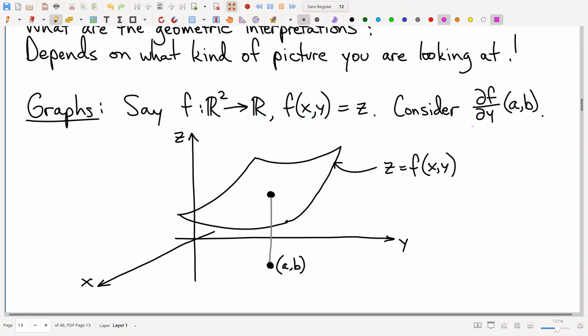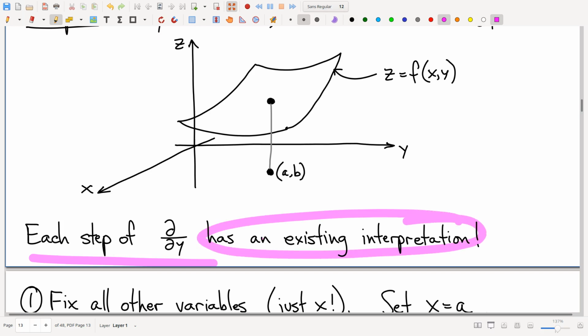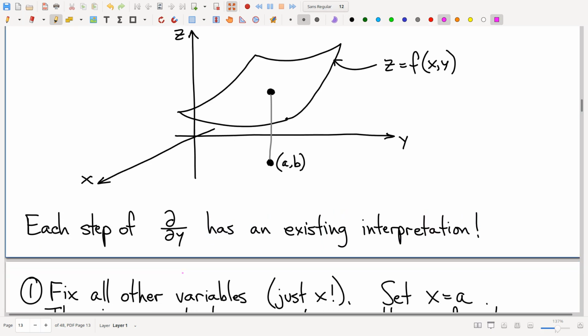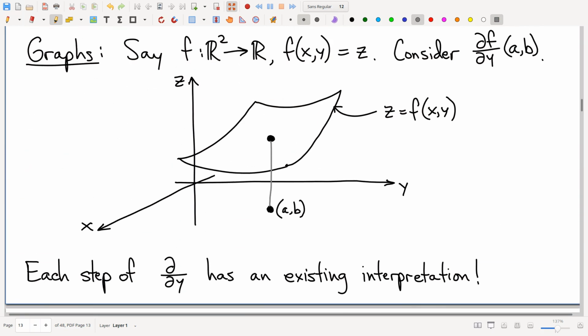Okay, so here's the good news. The process of computing a y partial has 2 steps. And very conveniently, each of those 2 steps, we already know what it looks like geometrically. So really all I have to do is put those pieces together. And here we go. Step 1, when you're taking a partial derivative, you have to fix the other variables. Now, reminder, we're taking a partial with respect to y. So y is our remaining variable.